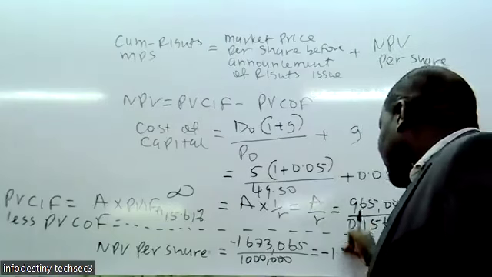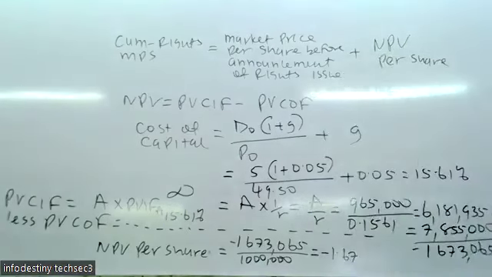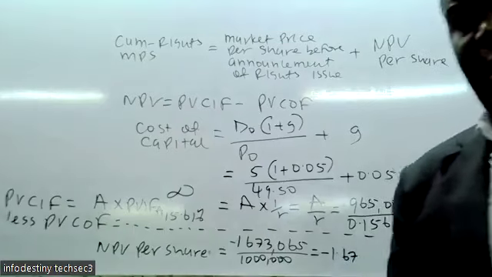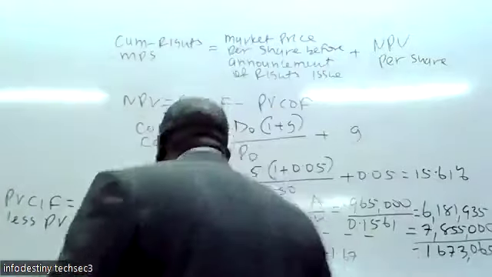So we get negative 1.67. After that, you go back up there to get the cum-right market price per share.